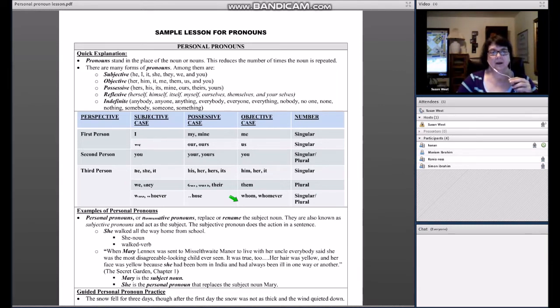If we look at the rows going across, I, my, mine, and me are singular. It's used for only one object or one person.